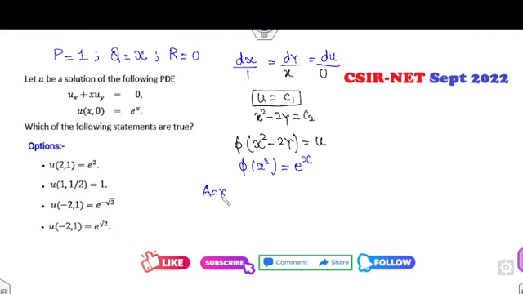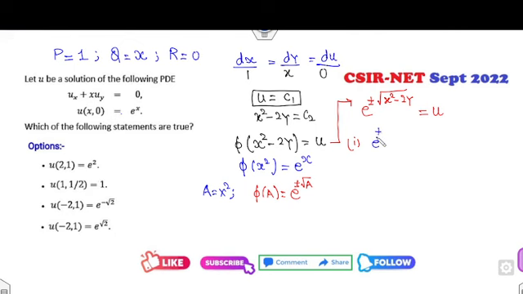I can choose a is equal to x square. Then your function phi is e raised to the power plus or minus root a. Fine. Now substitute this value. Your equation will be u equal to e to the power plus or minus root of x square minus 2y. Now look at the first part, the point 2 comma 1. What is the value?